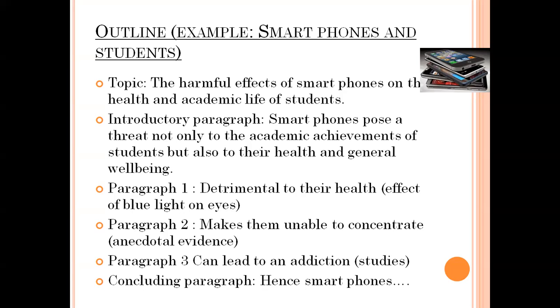So I draft a topic sentence or thesis statement this way. Smartphones pose a threat not only to the academic achievement of students but also to their health and general well-being. So that is what sums up what my essay is going to be.